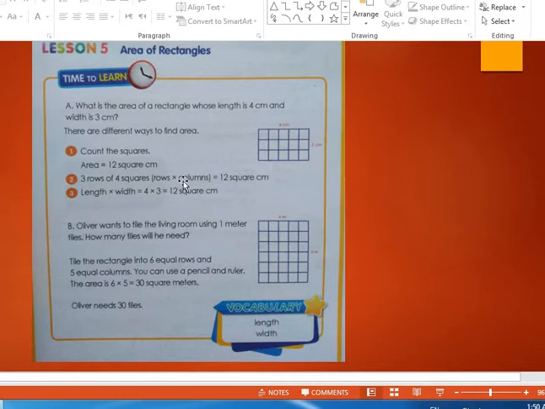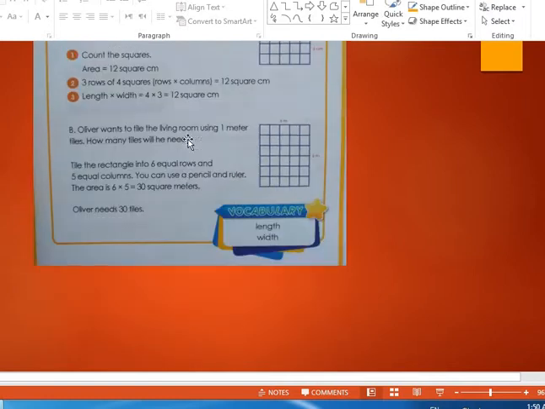And here, if I want to calculate the area of this figure by using a new formula or rule, I have rows. How many rows here? This is one row, this is one row, 2, 3, 4, 5 and 6 rows.